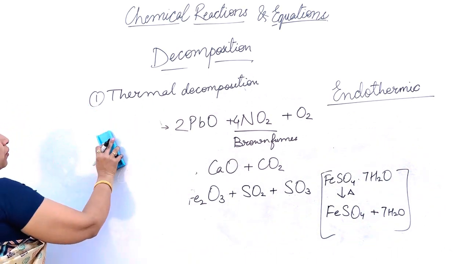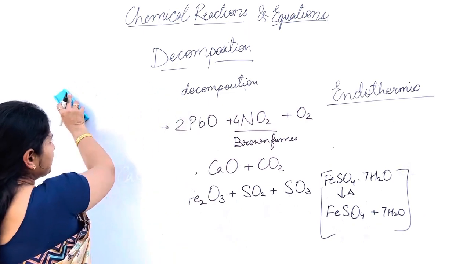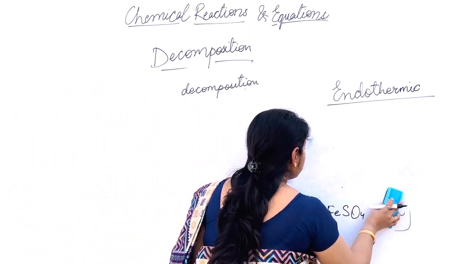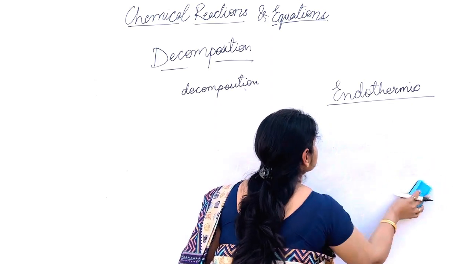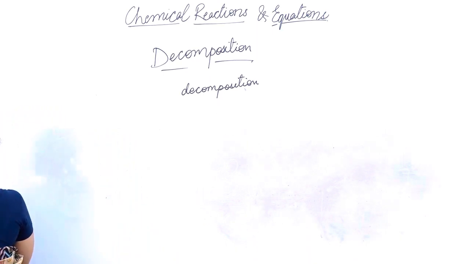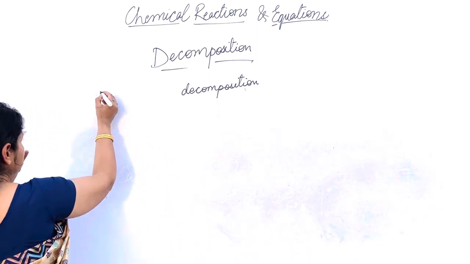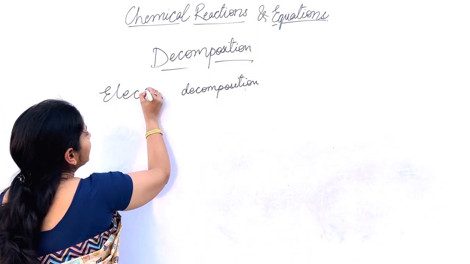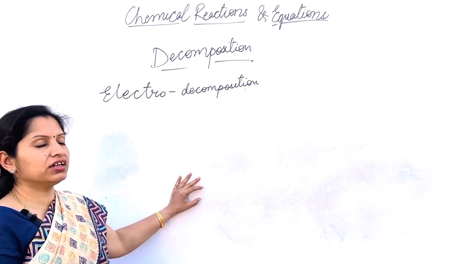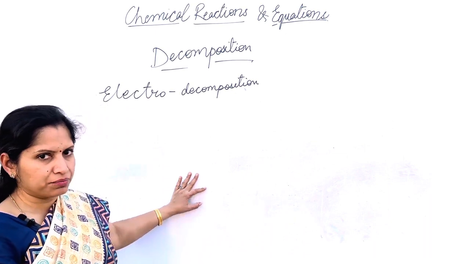Now we'll see about electric decomposition. Using electricity, we are going to see some decomposition reactions. So remember, all decomposition reactions are endothermic in nature. Now we'll see about electrodecomposition or electric decomposition, where we are using electricity for decomposition.